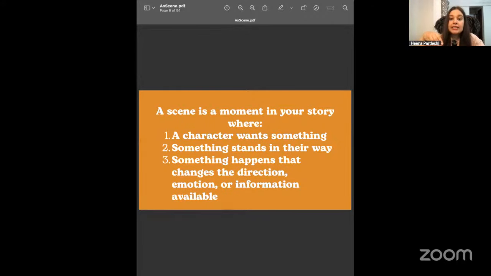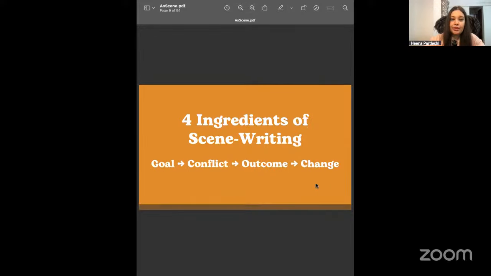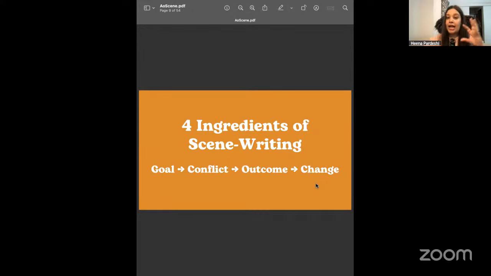This is the real DNA, I would say, of scene writing. There have to be four ingredients if you want to write a scene, or for you to call a chunk of text a scene. And those four ingredients are goal, conflict, outcome, and change.